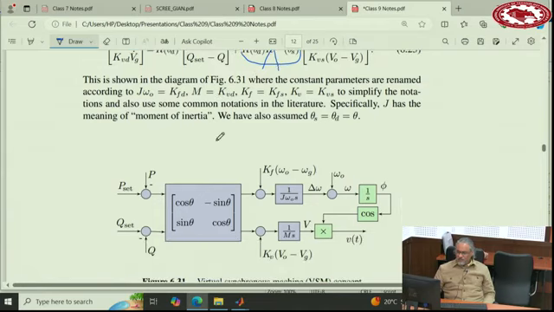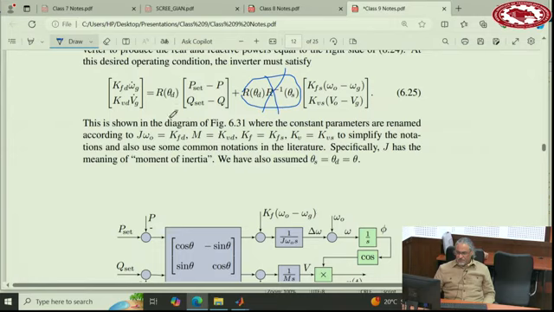This means if my inverter implements these equations in its structure, it will be grid supportive. So what I do, I take P set and P, subtract them, Q set and Q, subtract them, pass through this matrix, plus this one and this one, and then integrate them.